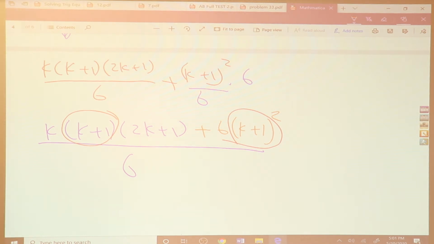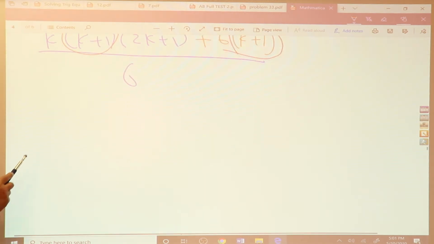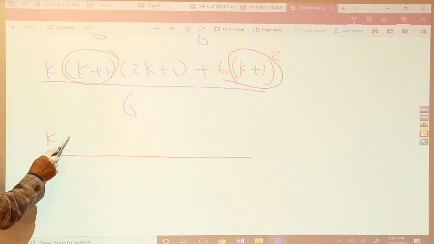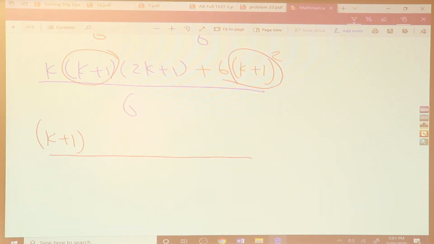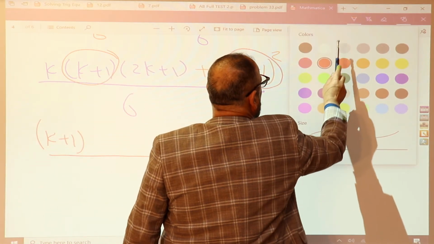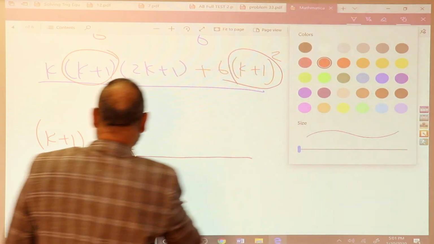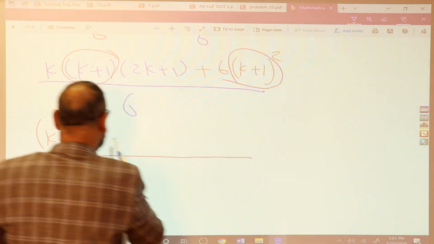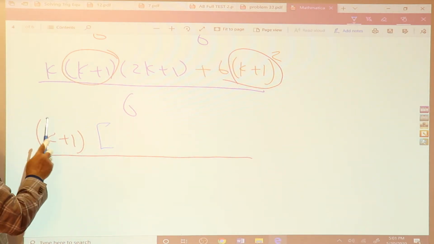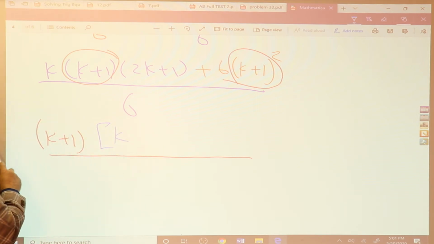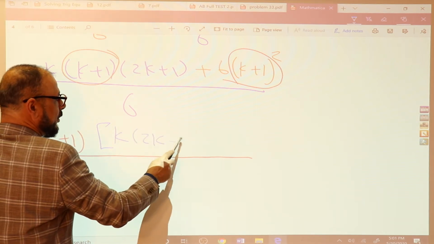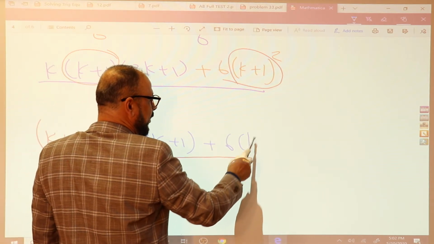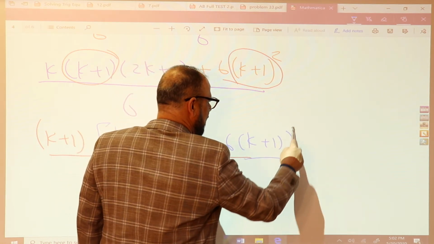Good. What is left from this guy? If we take k plus 1 out, left only k, 2k plus 1, and plus here 6 times k plus 1, over 6.